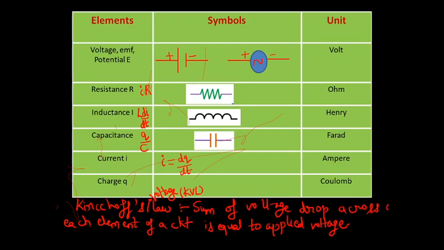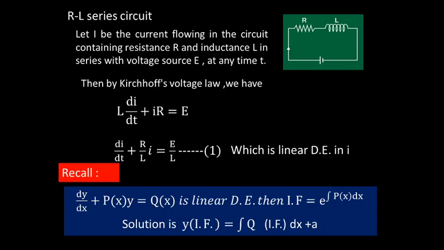I am not stating the current law here because we are dealing with simple circuits, and mostly in simple circuits Kirchhoff's voltage law is used, whereas in complicated circuits or with nodes, Kirchhoff's current law is used.